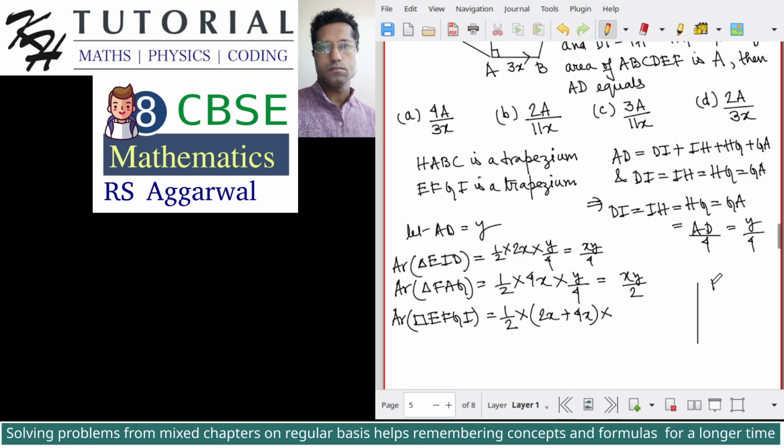IG is equal to IH plus HG, which is equal to y by 4 plus y by 4, which is equal to y by 2. So this is equal to half into 6x multiplied by y by 2. This is equal to 3xy by 2.